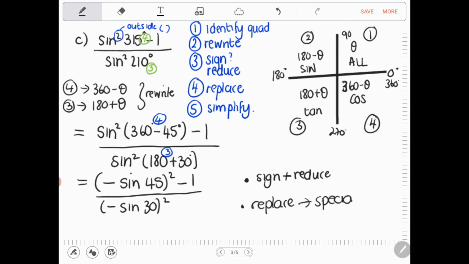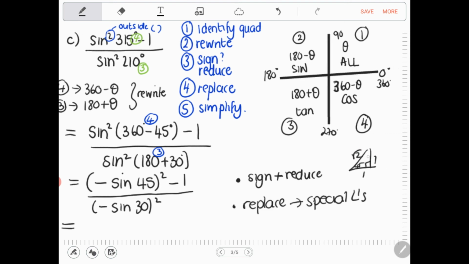Are they special angles? All right, sine of 45. I'm just going to do this here. Sine of 45 is opposite over hypotenuse. So we're going to have negative 1 over root 2 squared minus 1.